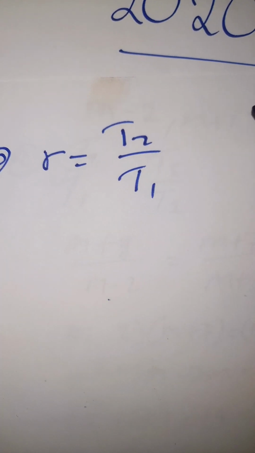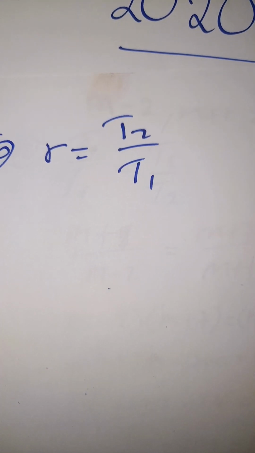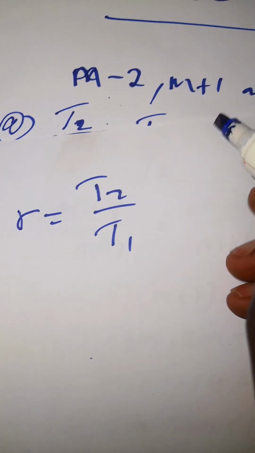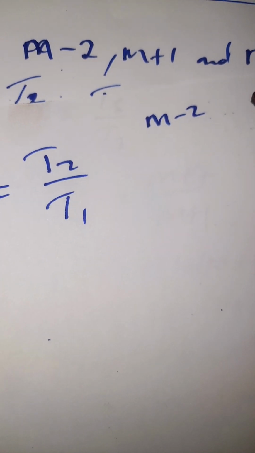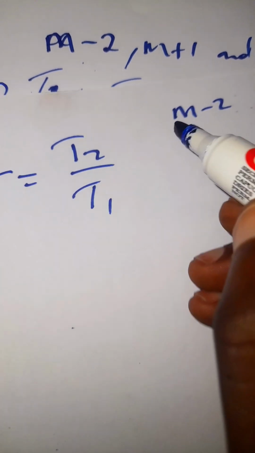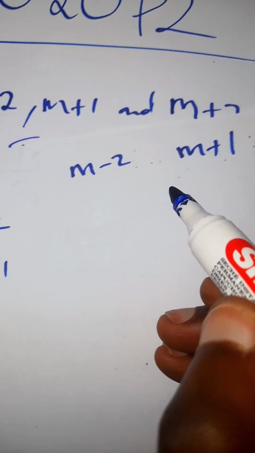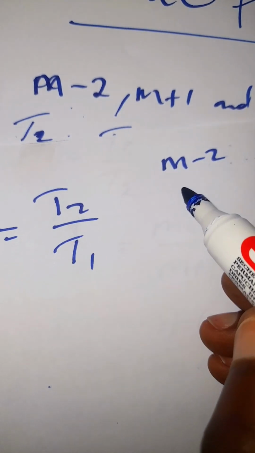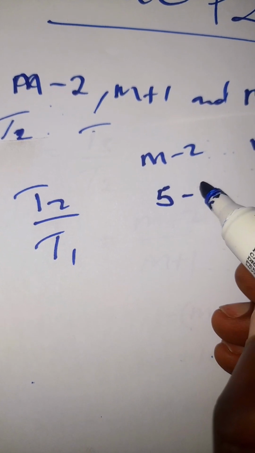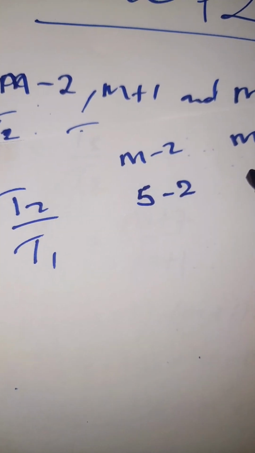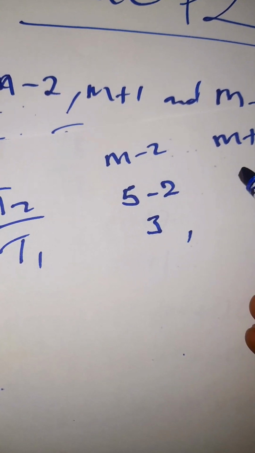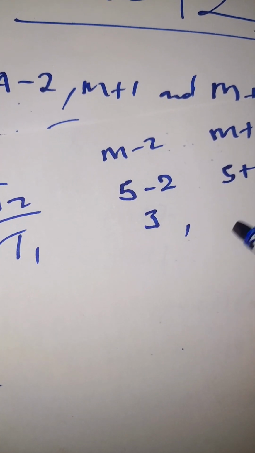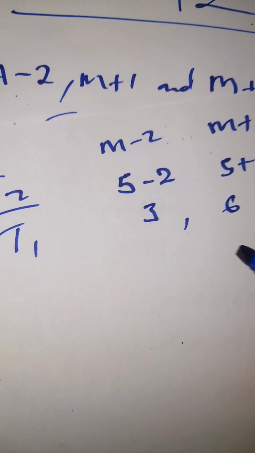Do we know the first term and the second term? We only have expressions. First term is m minus 2 and second term is m plus 1. So where there is m, we're going to substitute 5. So m is 5. 5 minus 2 is 3, so the first term is 3. The second term will be 5 plus 1, which is 6.